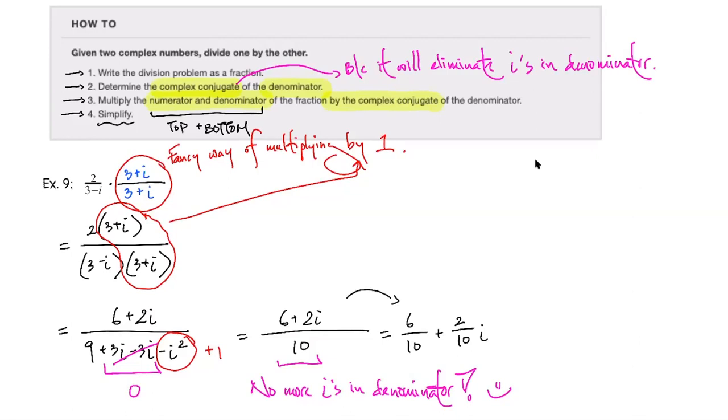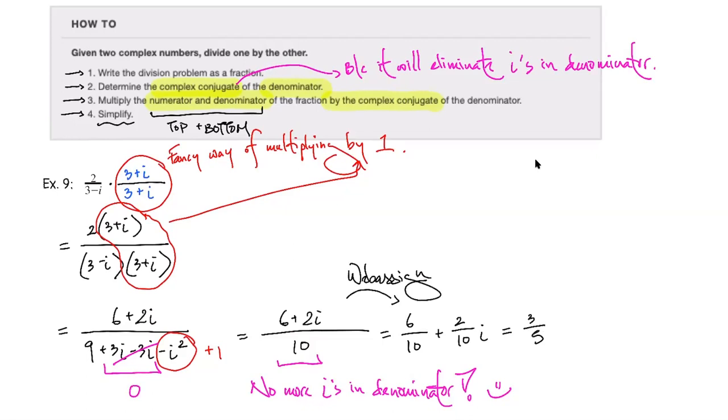But in thinking about WebAssign, sometimes they ask you for the real plus the imaginary part. So you might get the question right, but if you don't type it in a certain way, you might then get the question wrong. So my guess is WebAssign would probably want you to do like 3/5, right?